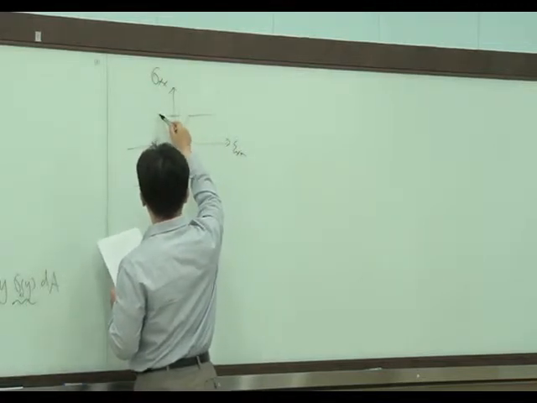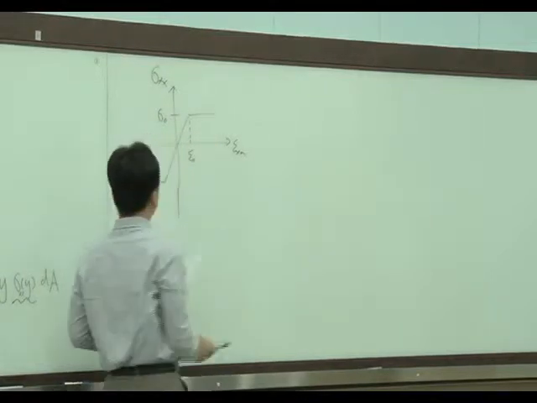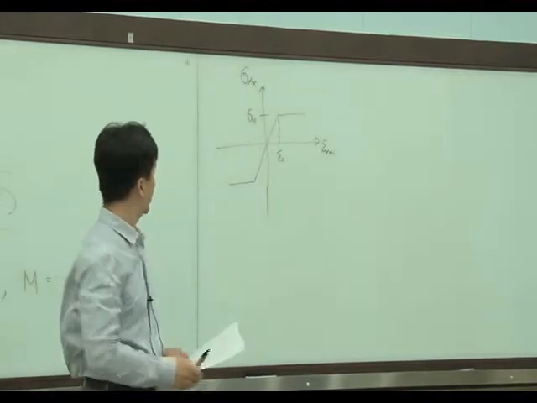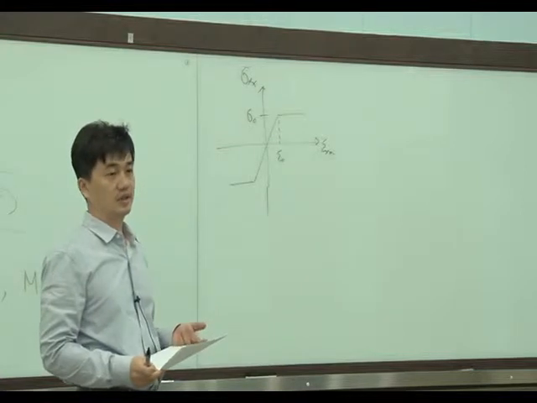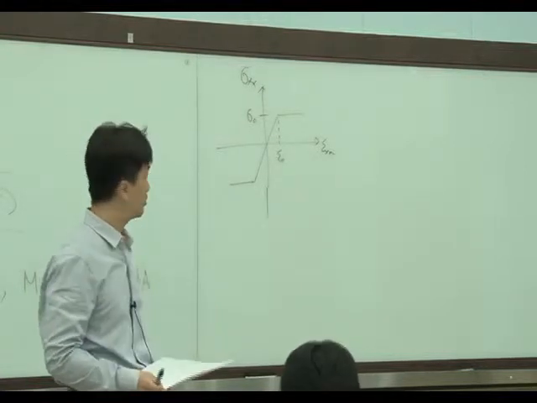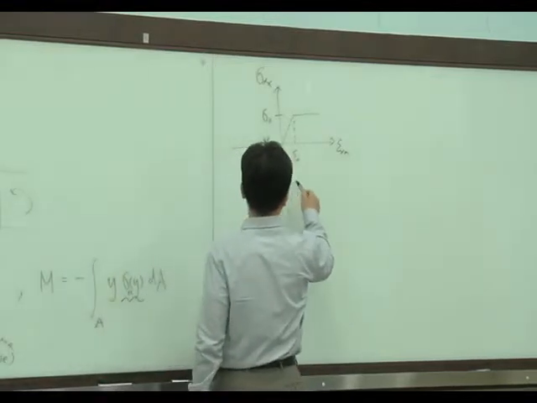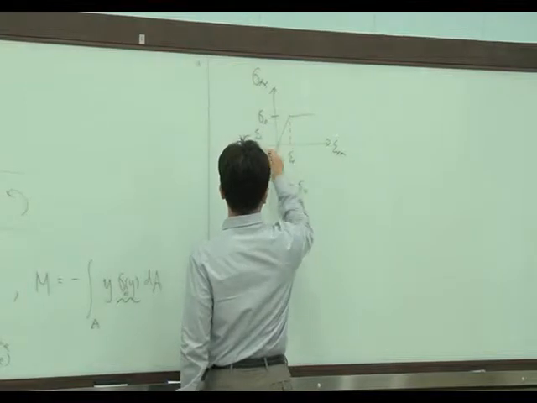And at this point, sigma 0, and this point E0. Here sigma 0 is the yield stress, and E0 is the strain at the elastic limit, right? Of course here minus sigma 0, minus E0.